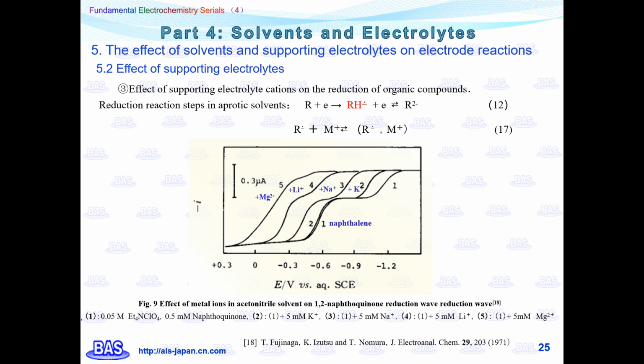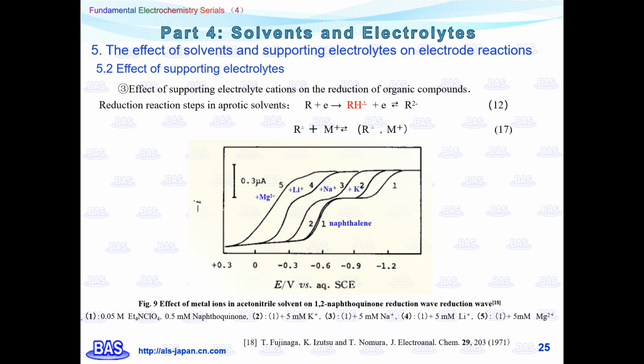When alkali metal ions are present, the reduction potential becomes significantly more positive, which can be attributed to the fact that the divalent alkyl anion forms ion pairs with the supporting electrolyte cation more readily than the anion radical.